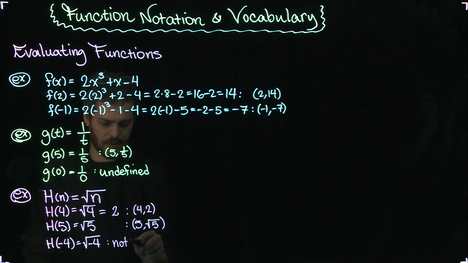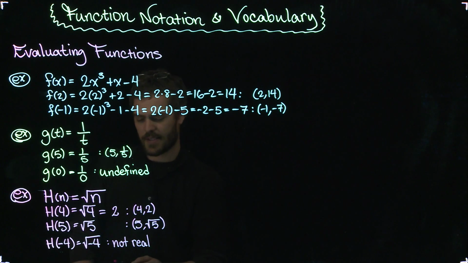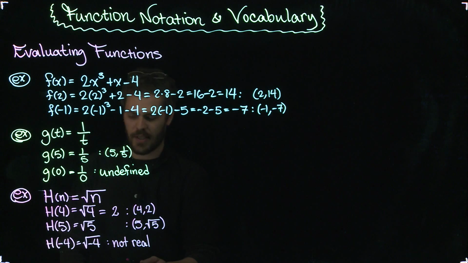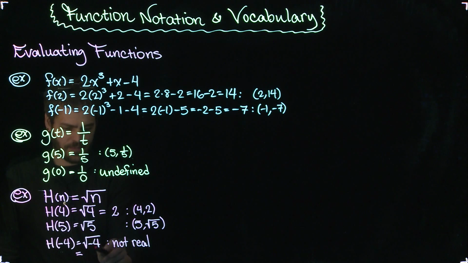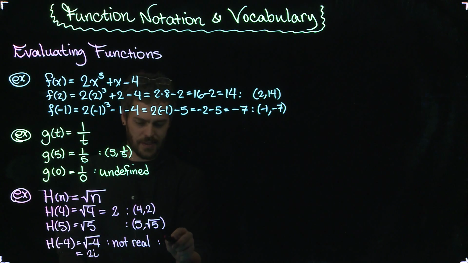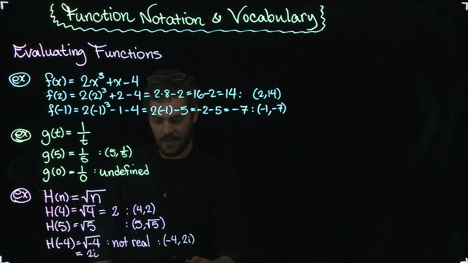If your output has to be a real number, then negative 4 is not allowed as an input here. However, if your output is allowed to be a complex number, then there is something. We can say, okay, it's not real, but it is 2i. So the output of this is 2i for an input of negative 4.